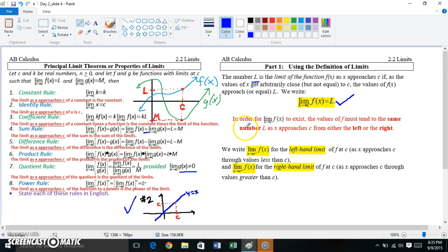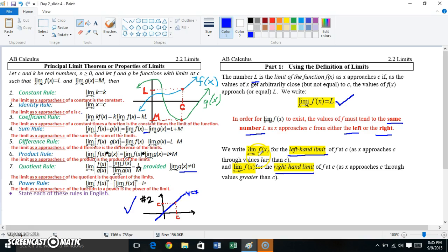In order for a limit to exist, we must have the same number L as we approach x from either the left or the right side. So we talk about that as the left-hand limit and the right-hand limit.